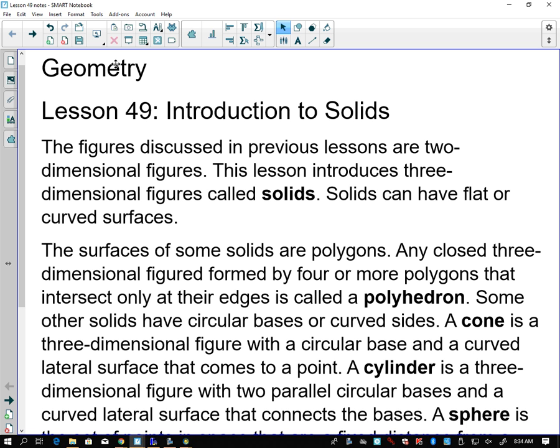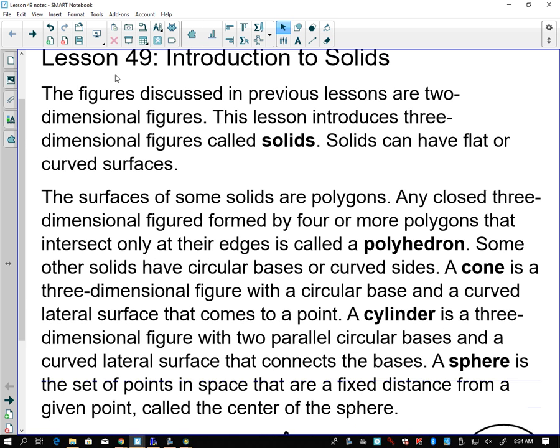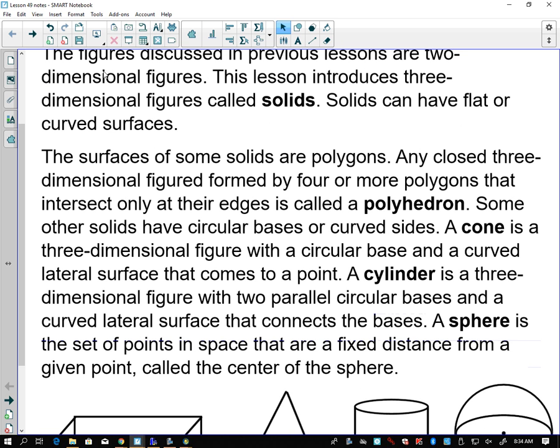So the surfaces of some solids are polygons, meaning that all of the sides that make up that figure are two-dimensional, closed, straight-line figures, right? Chandler's got a triangular prism.